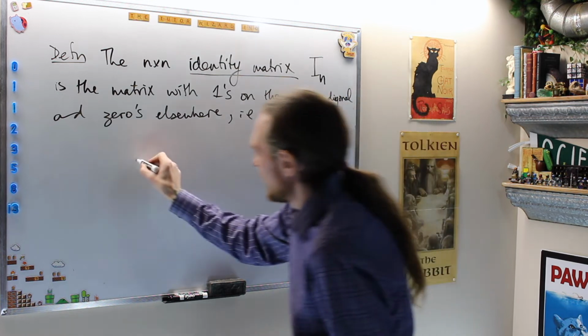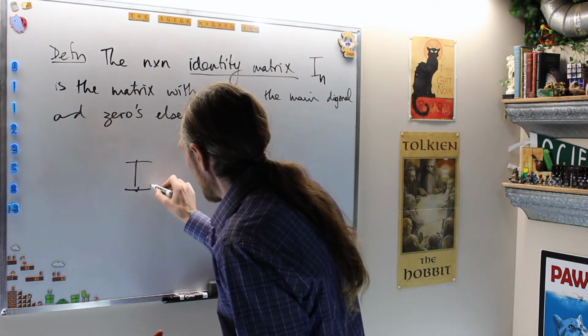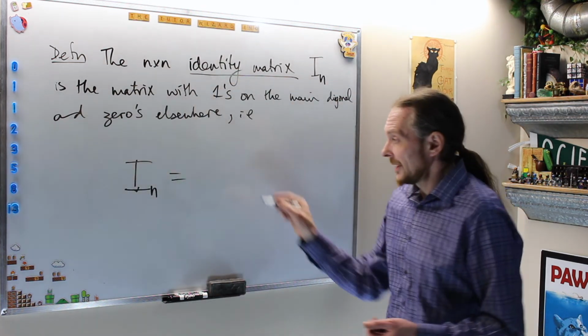I.e., the n by n identity matrix looks like this.